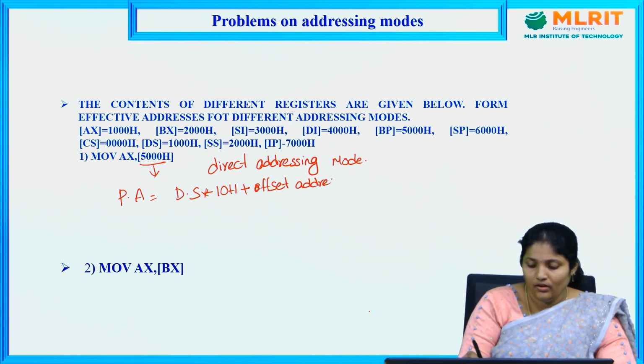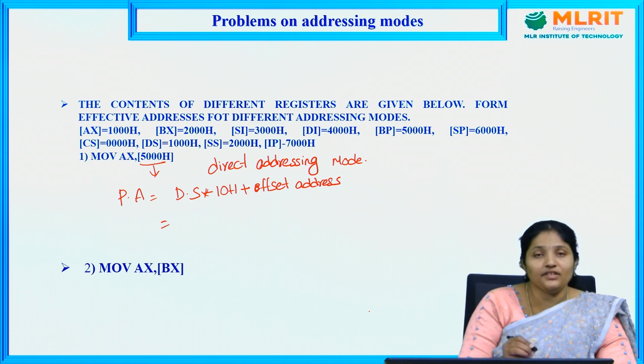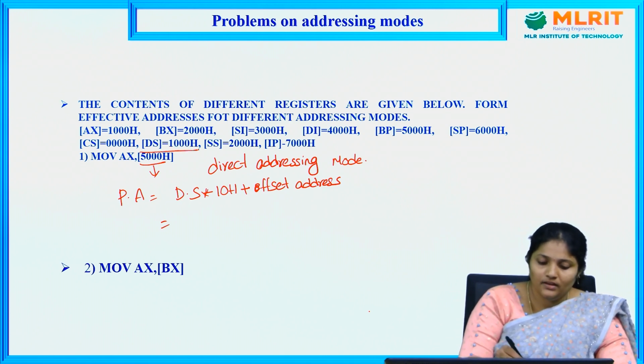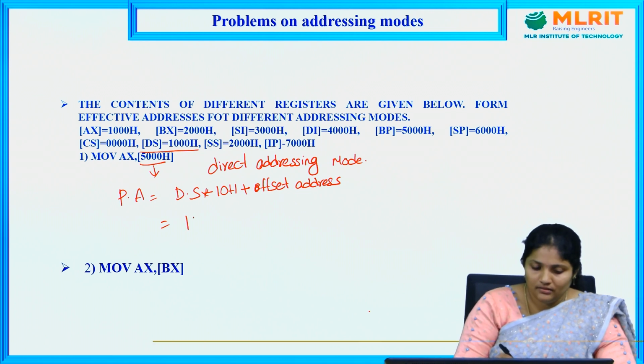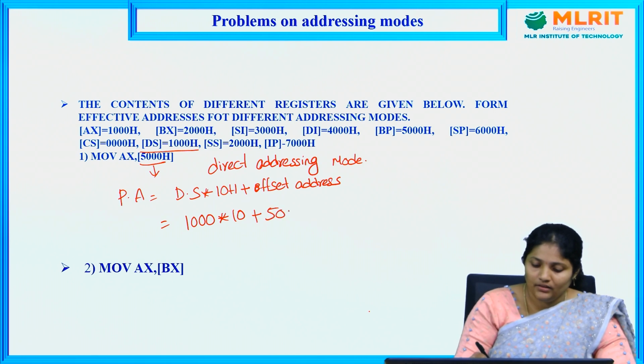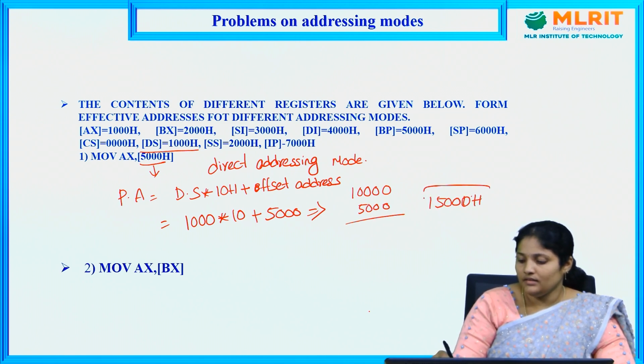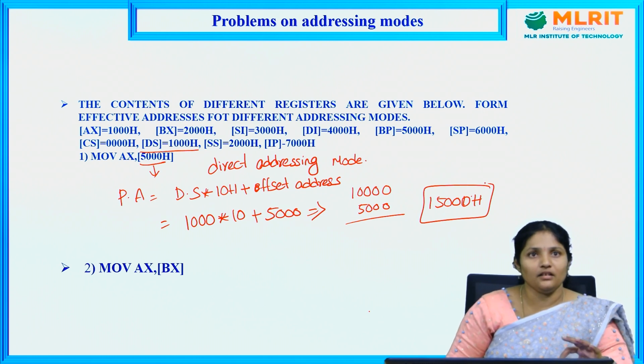Here they have directly mentioned the offset address as 5000, and the data segment address will be in the DS register. So 1000 into 10 plus the offset value 5000: 10,000 plus 5,000, which is nothing but 15,000, is the physical address for this particular instruction.